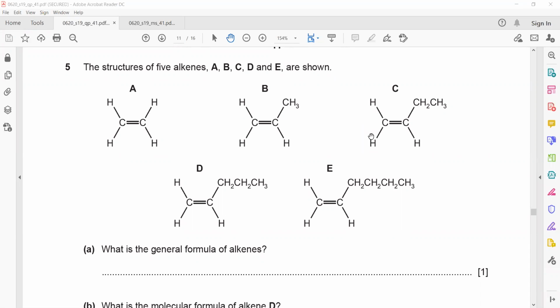The general formula, not the empirical formula. If you want any alkene, it will be CnH2n. So that's called a general formula. If they say empirical formula, then it is CH2.